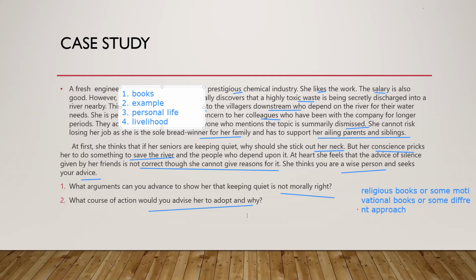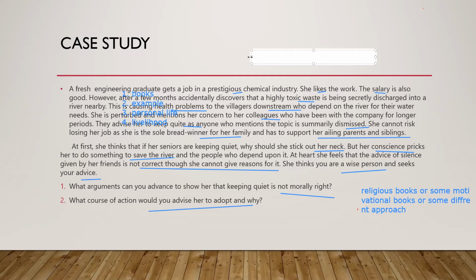Same goes for course of action also. Do not limit yourself to one course of action. Always give multi-dimensional course of action. Some issues, and I will explain that in another case study, require step by step solution.